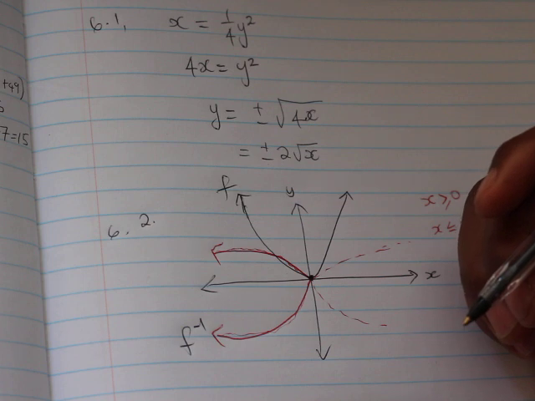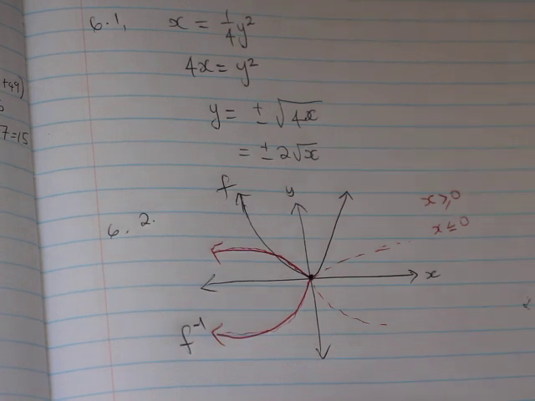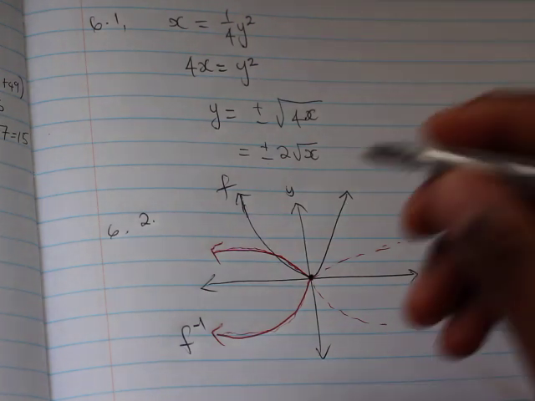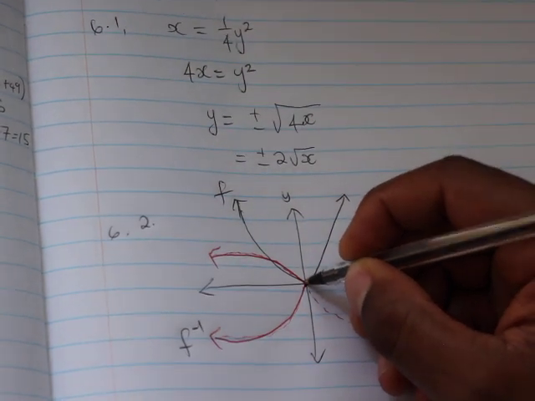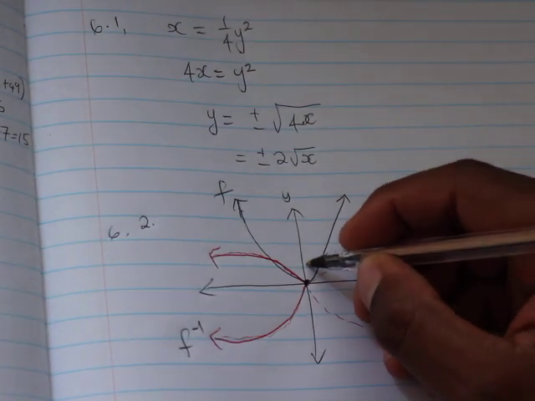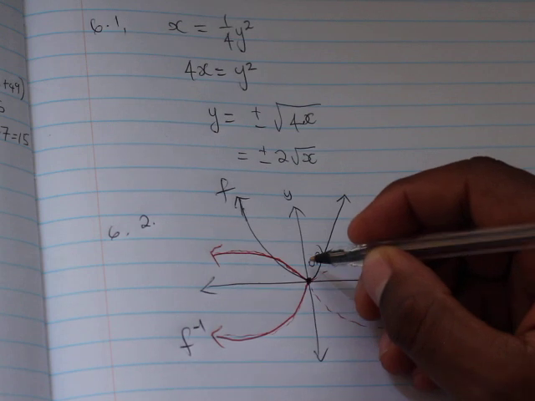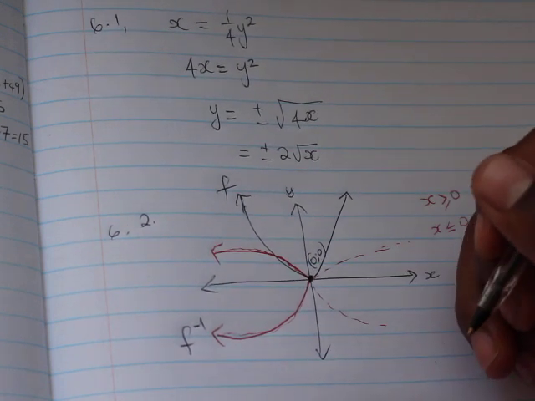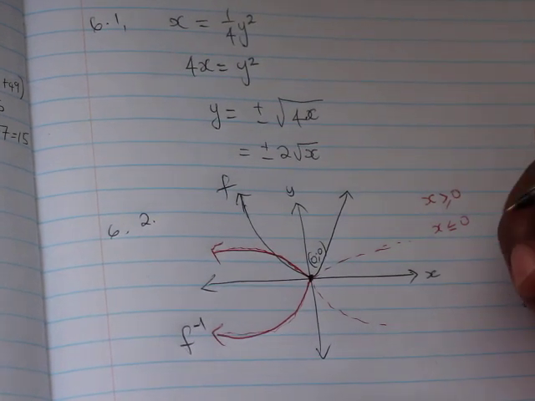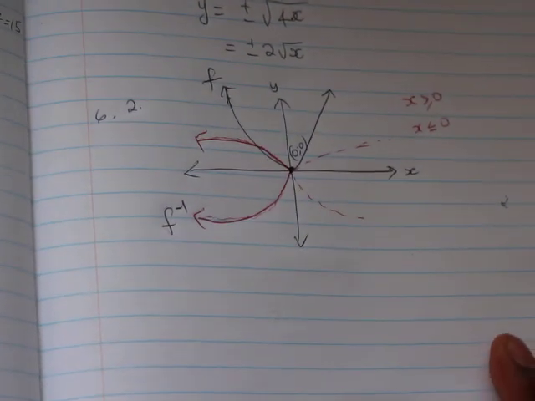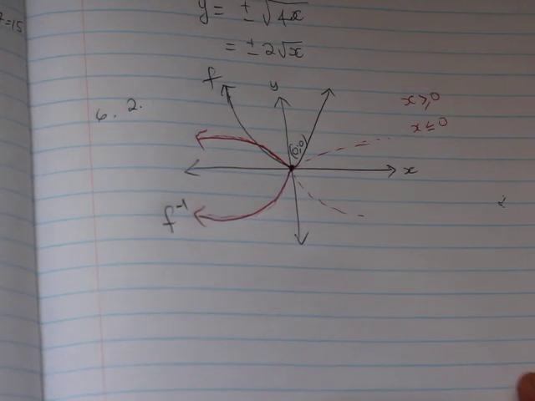They said that we must have a point on each of the graphs. So we know that obviously (0, 0) is a point that belongs to both the graphs. So ladies and gentlemen, that is it.